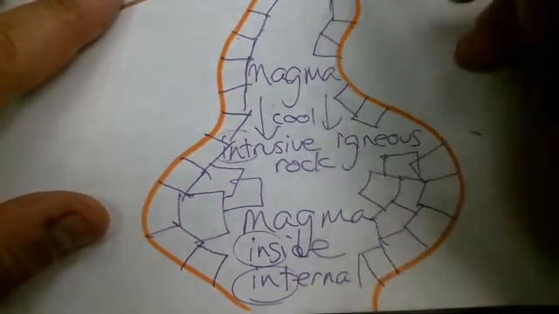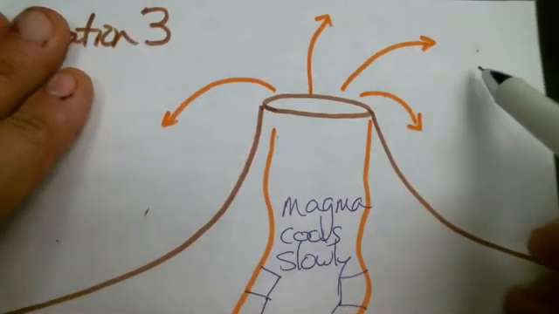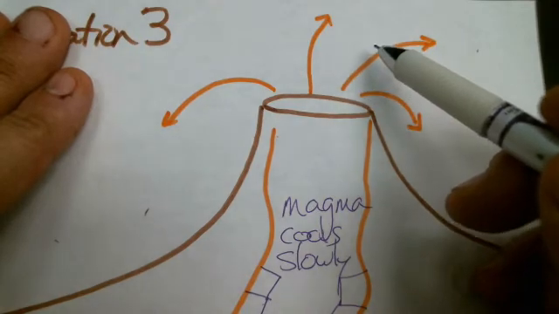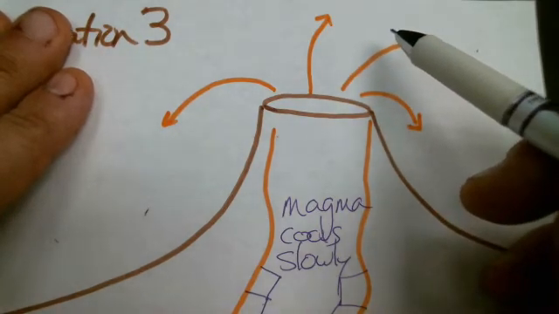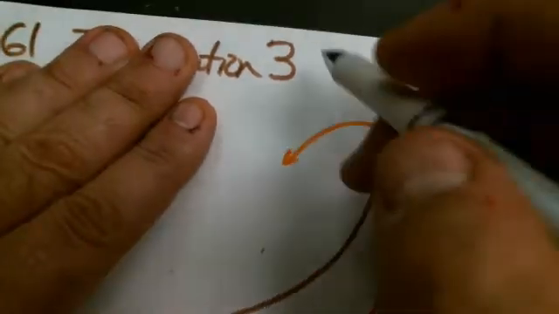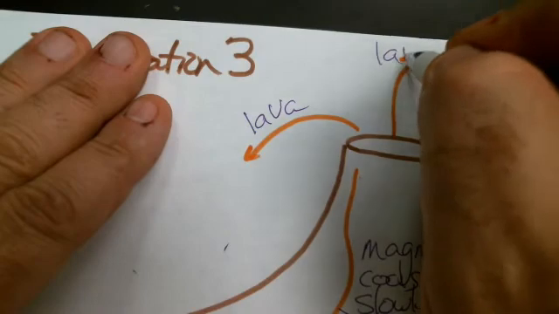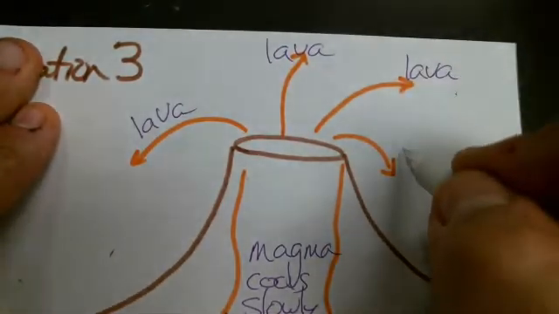When this liquid is forced out of the volcano, the liquid is the exact same stuff, but we just change its name to represent the fact that it's now on the outside of the earth. And so now it's called lava. Would you please write lava next to each one of these arrows as it shoots out of the volcano.